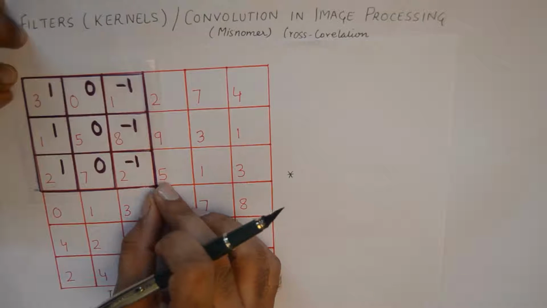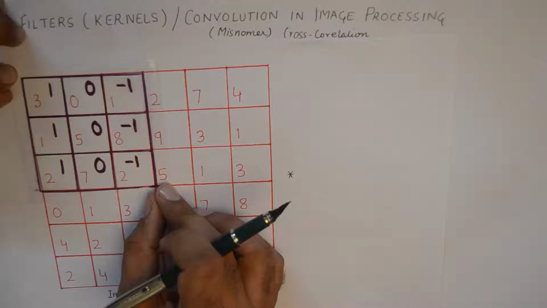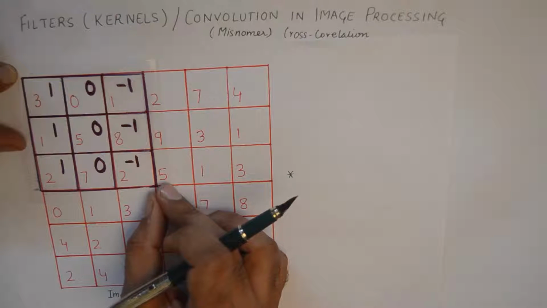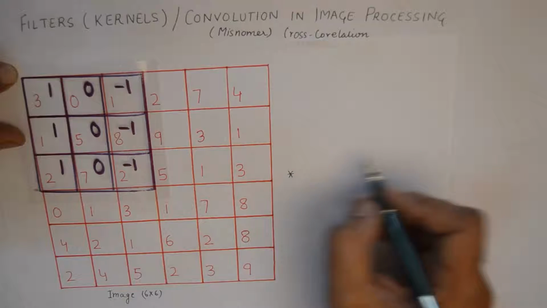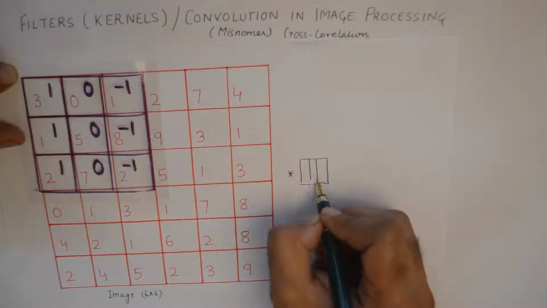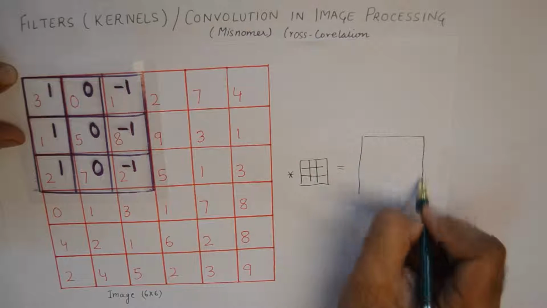We need to start the process by placing the filter matrix on top of the image, starting from the left hand top corner, and the resultant matrix that we'll obtain will be a 4 by 4 matrix.